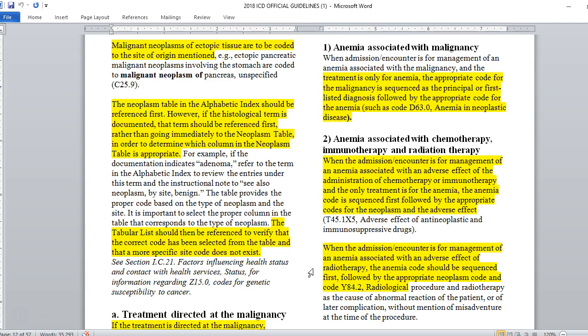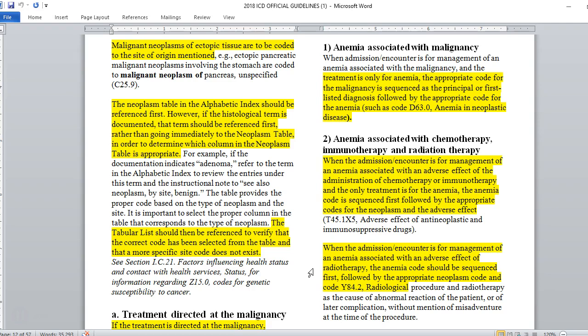But if we are given the body part, if someone says prostate cancer, we go to the neoplasm table, and we're going to look through the table until we find the word prostate. And then we need to find the correct column. So our columns are going to be primary cancerous, secondary cancerous, then we're going to see in situ, benign, unspecified behavior, and undetermined behavior.